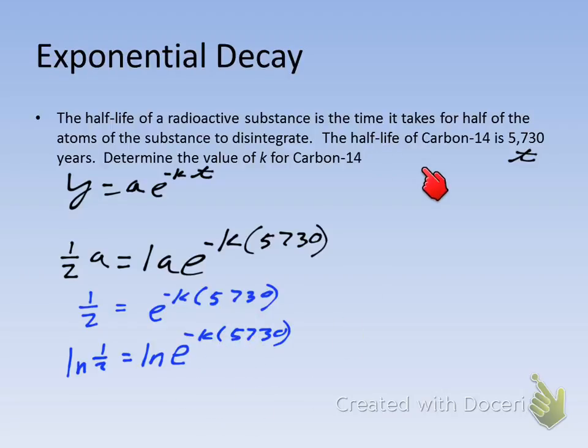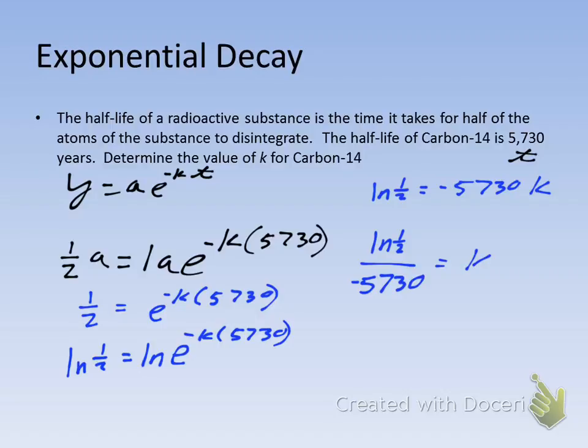You should end up with ln of 1/2 equals negative 5,730k. Then you finish off by dividing by that negative 5,730. So natural log of 1/2 divided by negative 5,730 equals k.